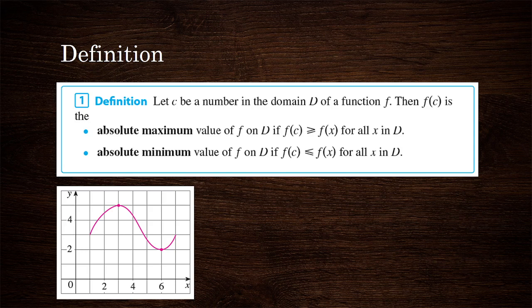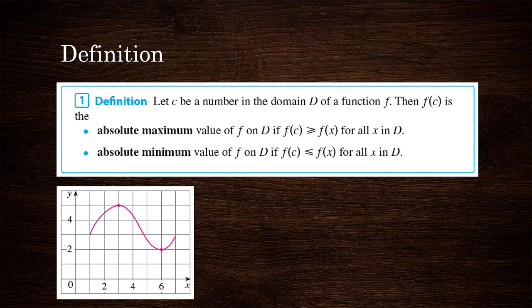It just means that it is the highest, if we say x and y, we have the highest value of y all throughout the function. And number two would be the absolute minimum.